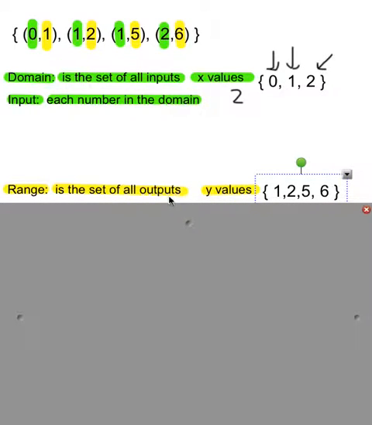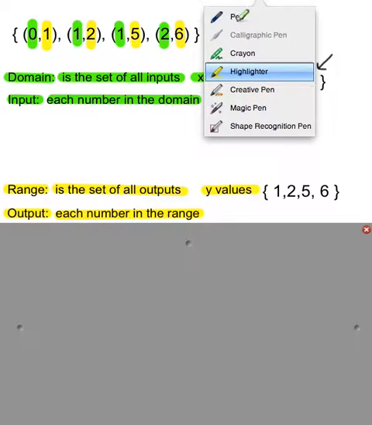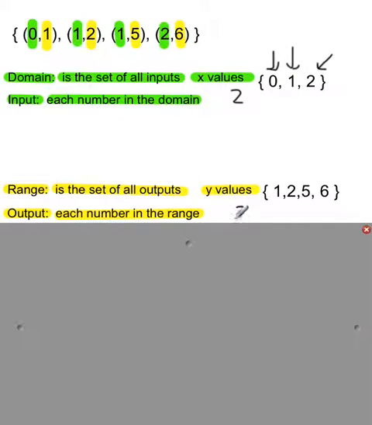Now we said there's something here about outputs. Your output is each number in the range. So one of my outputs here is 2. That's an output. Well, maybe I don't want to write 2. I could have also said an output would be 6. Outputs are your Y's.